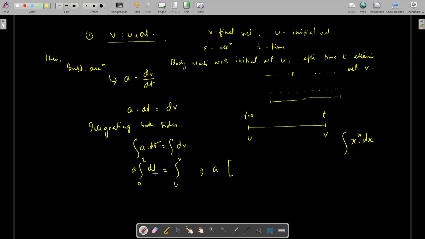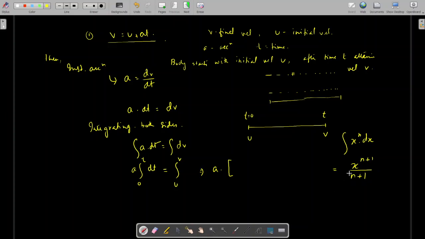The integration of x to the power n dx is x to the power n plus 1 by n plus 1, plus a constant, since this is indefinite and no limits are given. But in this case, since it is definite and has limits, we don't need to add a constant.